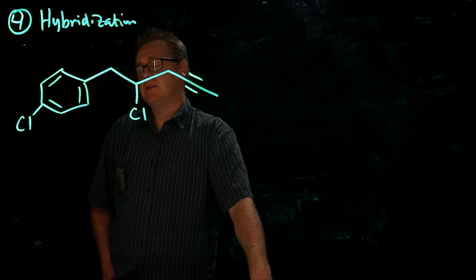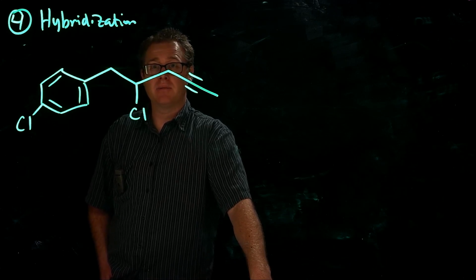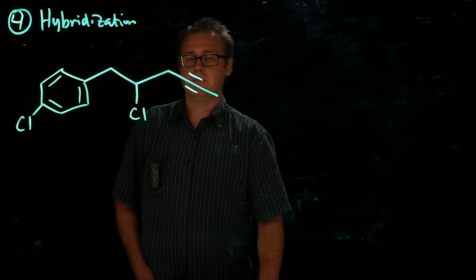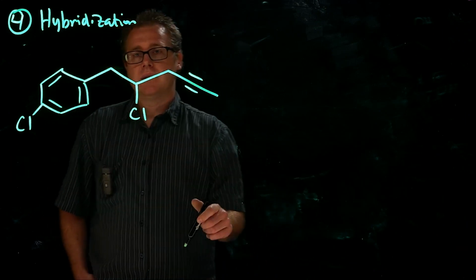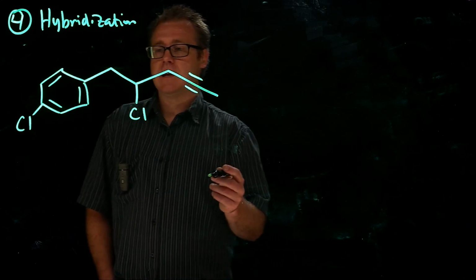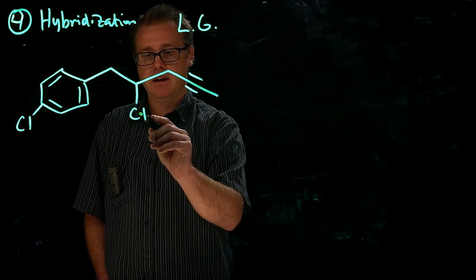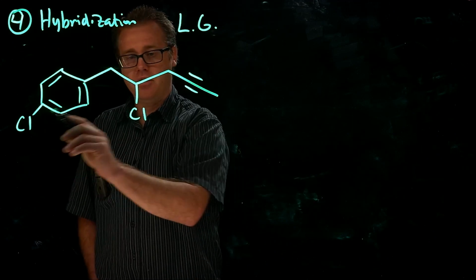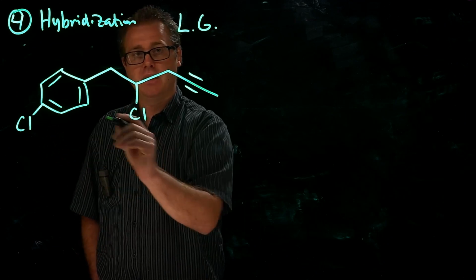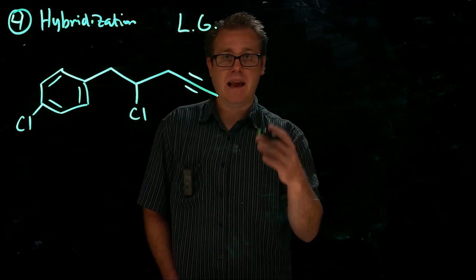Now, if you said, hey, there are 2 leaving groups, then we're missing something. Because in previous lecture videos, I said the leaving group, and we see 2 halogens here, so you are thinking that they're 2 good leaving groups, but there's another layer of understanding.